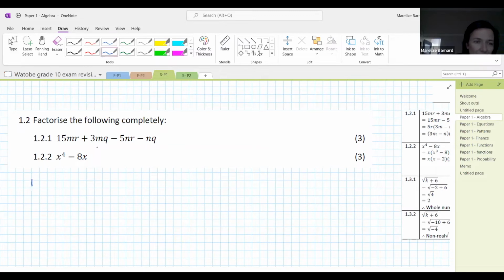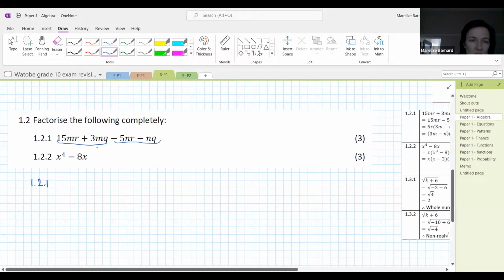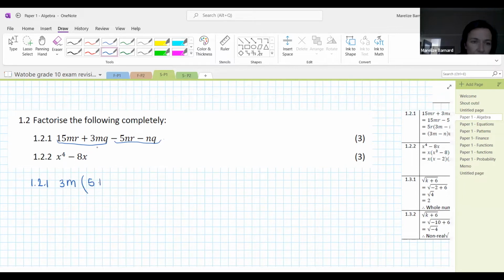So I am going to do this one. And let's see, what are we going to group together? It looks quite obvious that we can group the first two and the last two. So let's take out from the first two a 3m as a common factor, and then we have a 5r plus q.